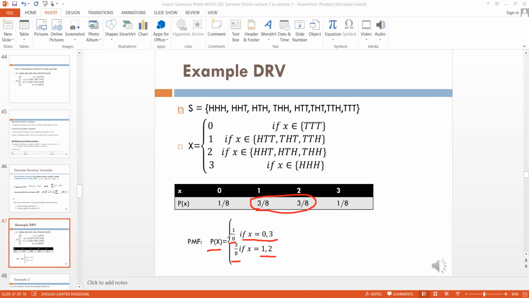So we can rewrite the probability distribution as a function, that's a PMF: 1/8 if x is equal to 0 or 3, and 3/8 if x is equal to 1 or 2. Okay, so I'll give you some time to study this and ask some questions.